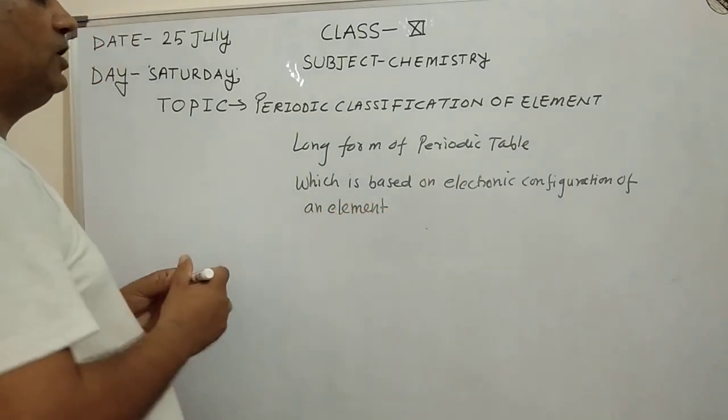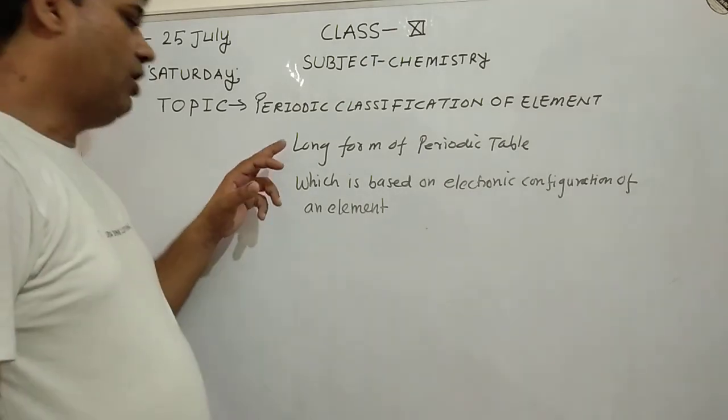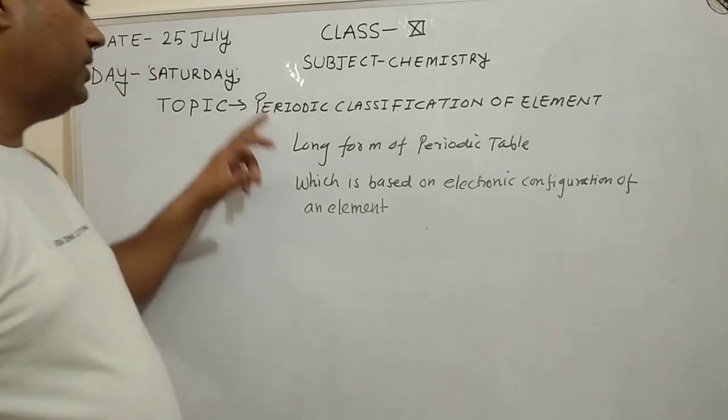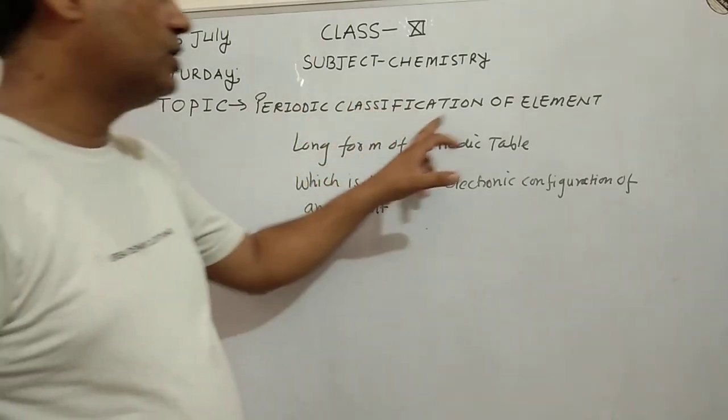So it is very important to understand atomic number and electronic configuration of elements for better understanding of periodic classification of elements.